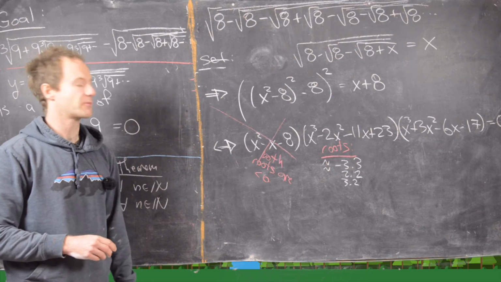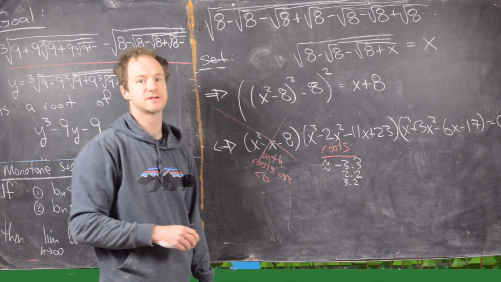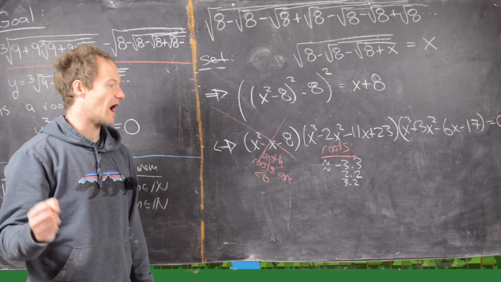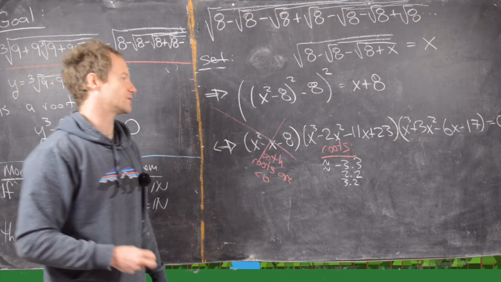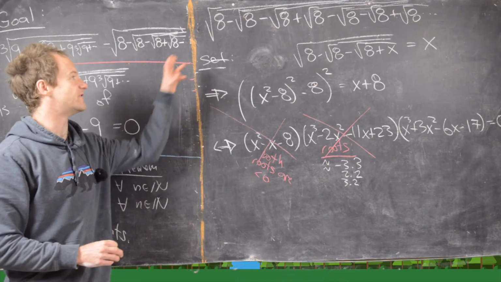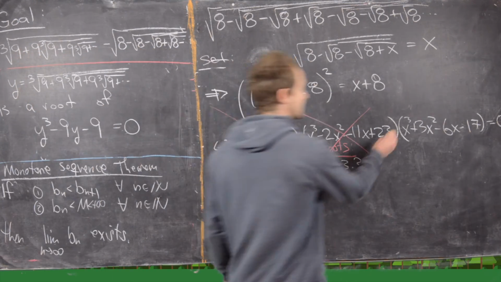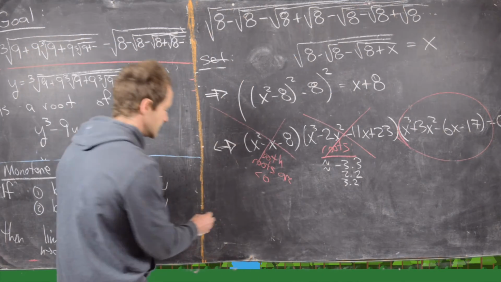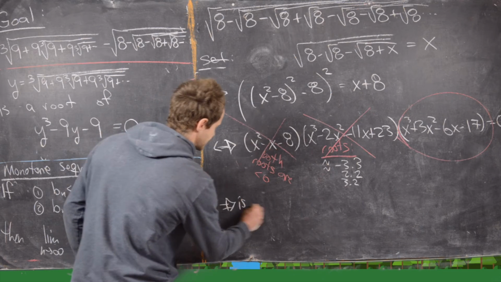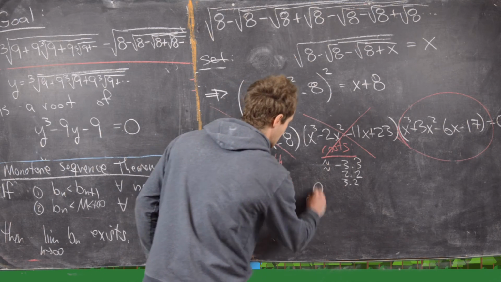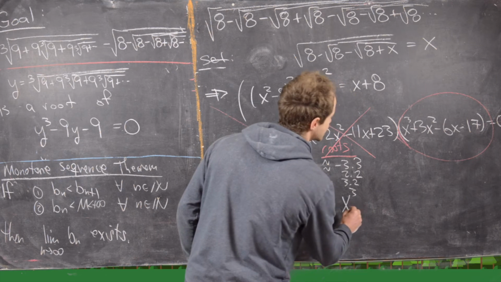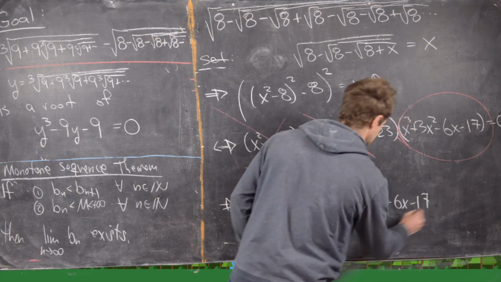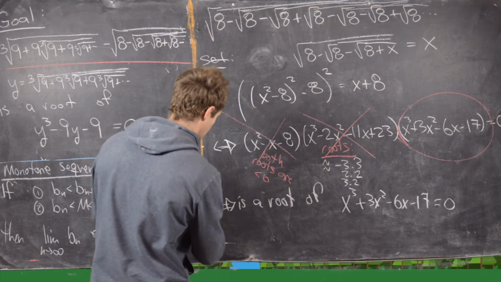But if we recall from the previous board, all three of those numbers are outside of either the lower bound or the upper bound for our b_n's, which we proved. So that means the value of this nested radical needs to be a root of this polynomial. So what we need is a root of the polynomial x cubed plus 3x squared minus 6x minus 17 equals 0.